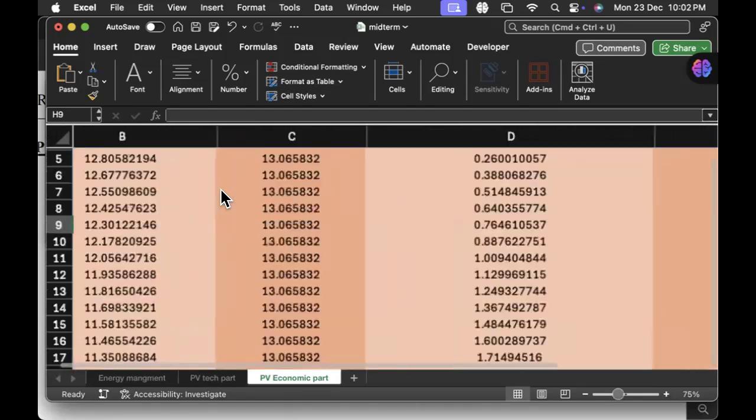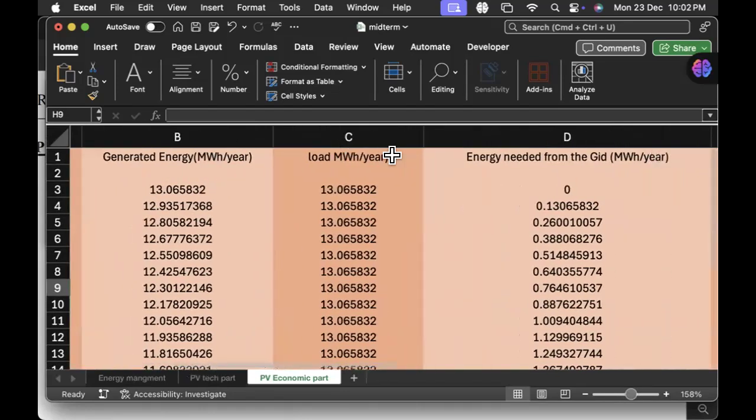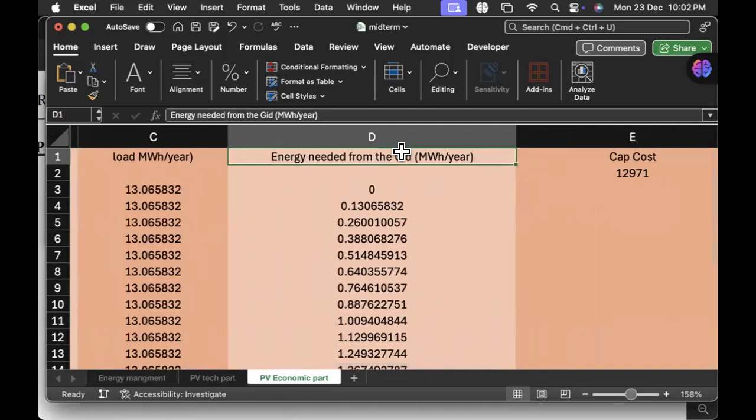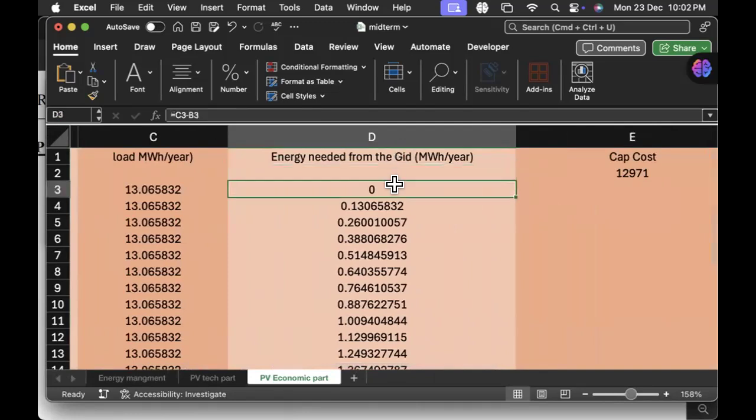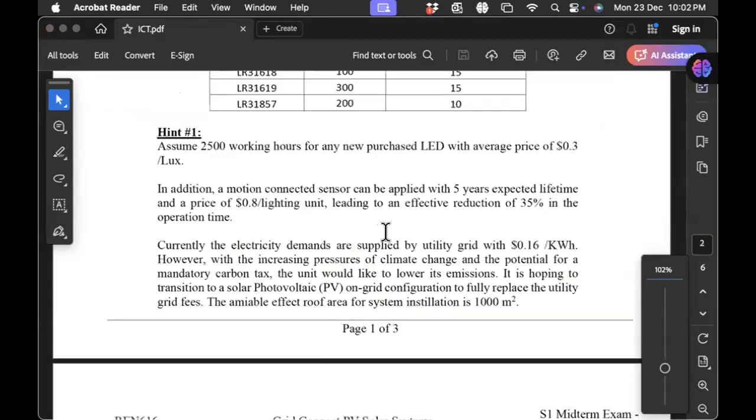So as you can see here, my dear students, in our case, this is generated, this is the load, and this is the energy to be captured from the grid. And following the question we have, if we go up here, yes, we have this number.